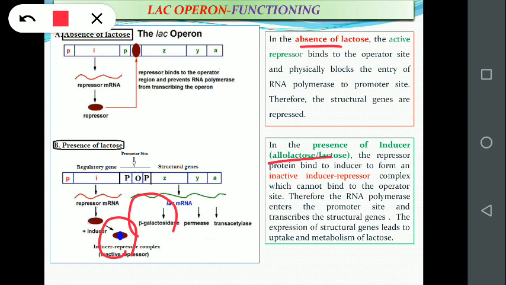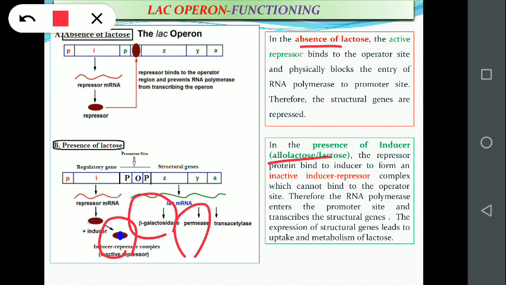So now we get a lot of beta galactosidase and a lot of permease. This increased permease concentration allows more lactose to enter the cell, and the high concentration of beta galactosidase breaks the lactose into glucose and galactose.